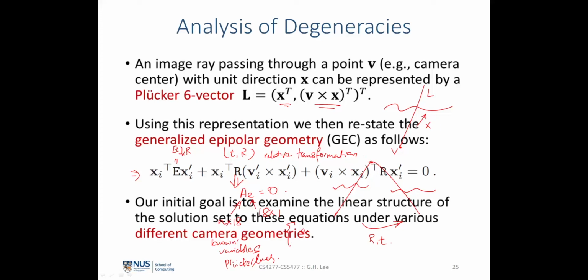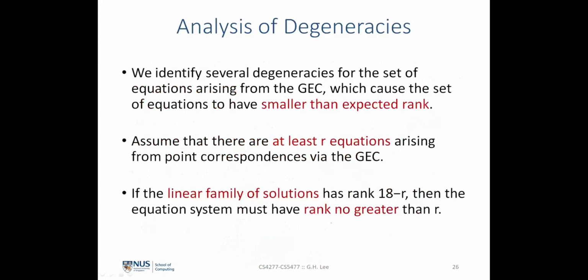The first 9 by 1 entries would be from E, and the next 9 by 1 entries would be from R. So we saw that in the linear 17-point algorithm, we make use of AE equals 0, the homogeneous linear equation, and take the SVD of A such that the solution E will be the last column of the right singular vector that corresponds to the least singular value after taking the SVD of A.